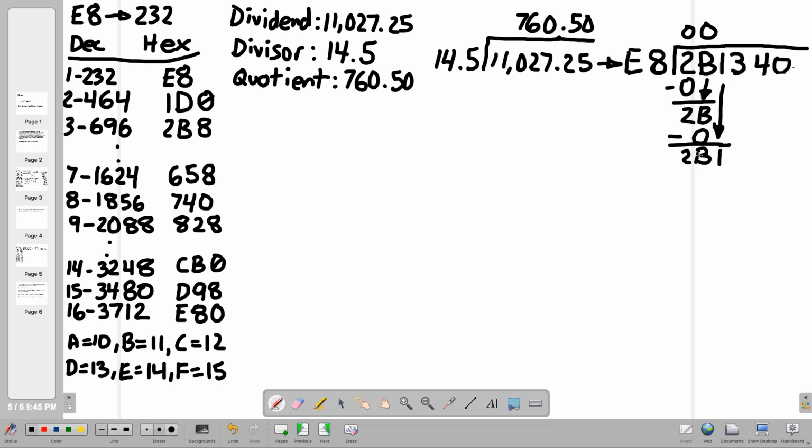Now we ask the question, does E8 go into 2B1? And the answer is yes, it goes in 2 times. We look towards the notes on the left, and that's 2 times. And 2 times E8 is 1D0.